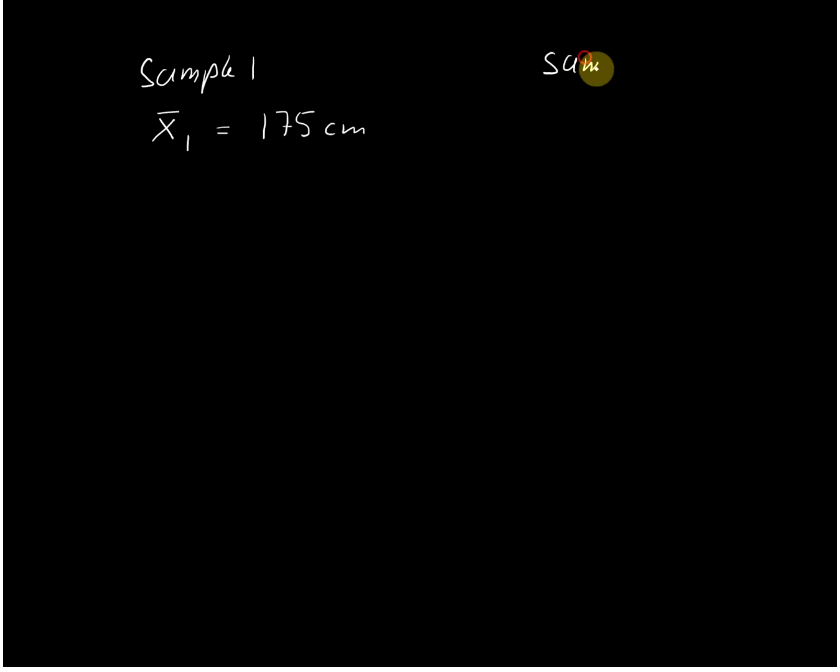Sample 2, we get another average, we call it x bar 2, and we say this is, say, 189 centimeters. And we want to know whether both samples are part of the same population, or whether both samples come from the same population.